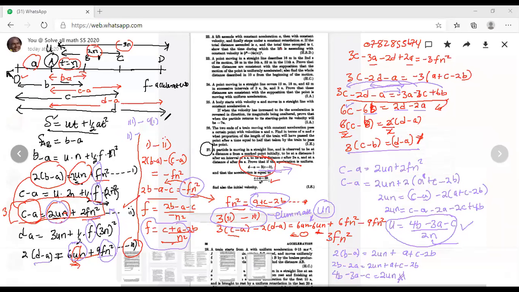With these relations, I will eliminate Fn squared. Then I'll remain with Un only. So I would solve for Un in both equations and then equate Un. It will induce what we have proved. Though it's longer.